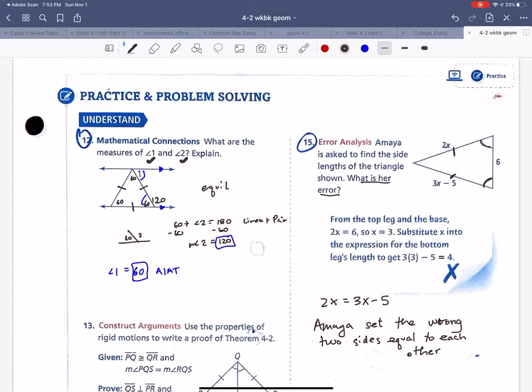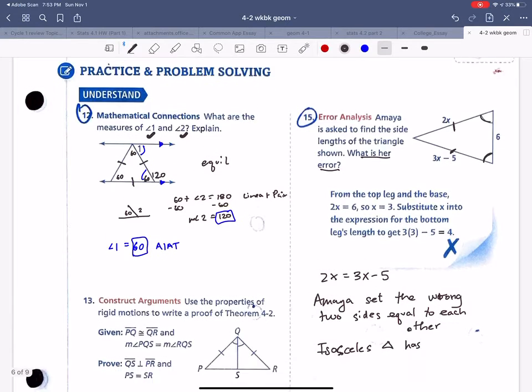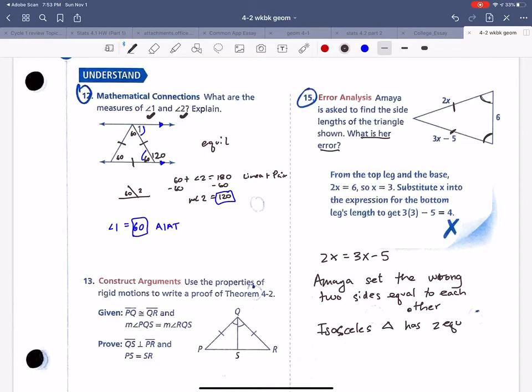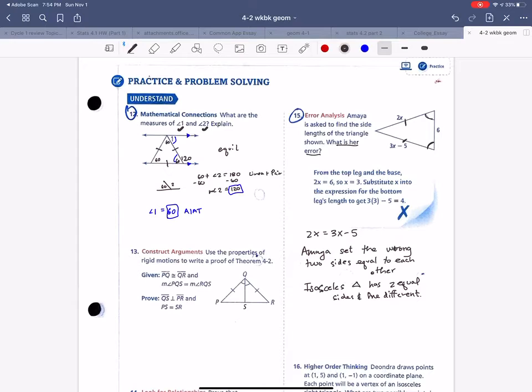So we know that an isosceles triangle has 2 equal sides and 1 different. She happened to set the different one equal to the other side that was equal. Okay.